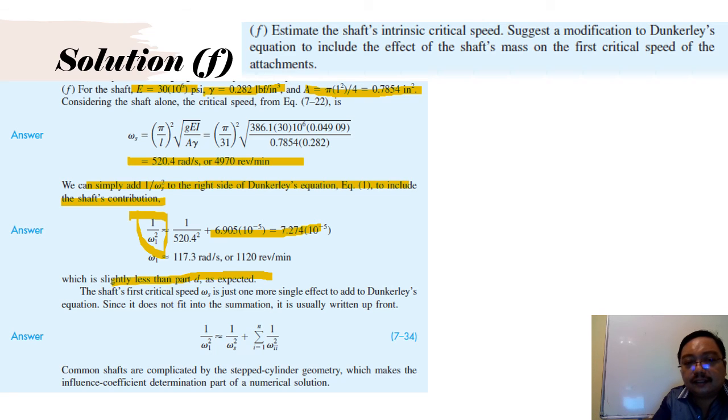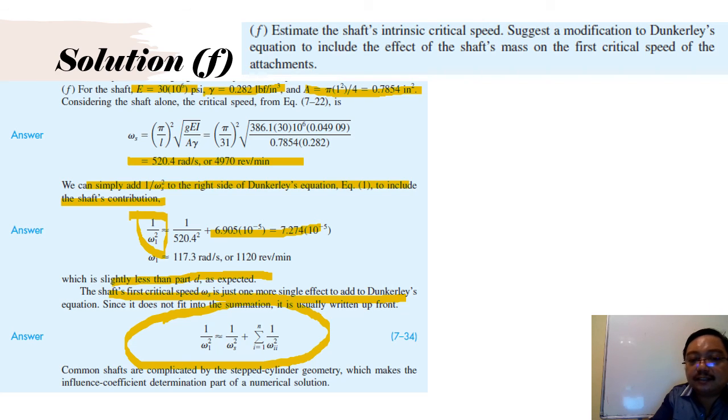The shaft's first critical speed is one more single effect to add to the Dunkerley equation. Since it does not fit into the summation, it is written up front, like this. Common shafts are complicated by step cylinder geometry, which makes influence coefficient determination part of a numerical solution.